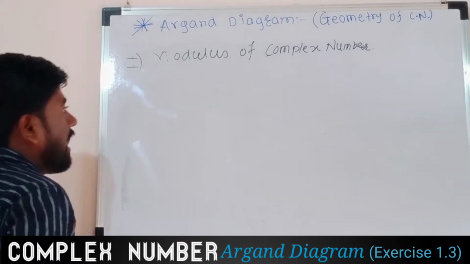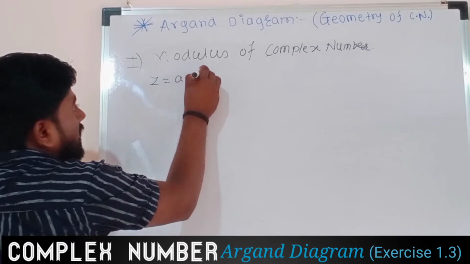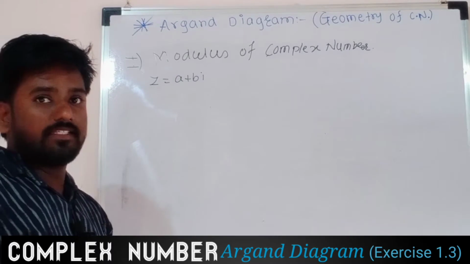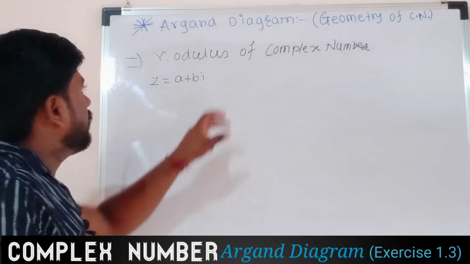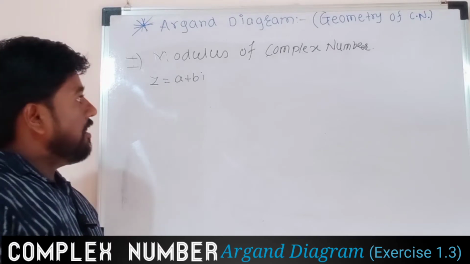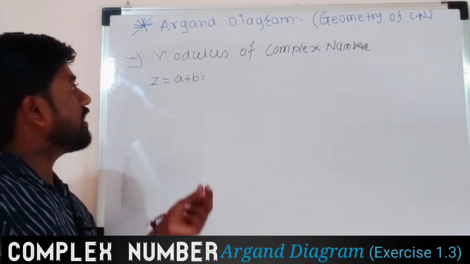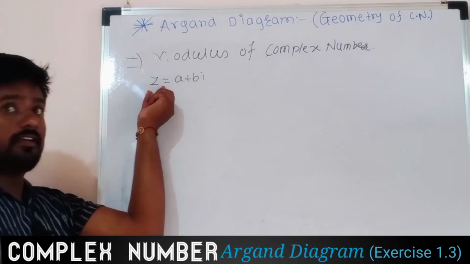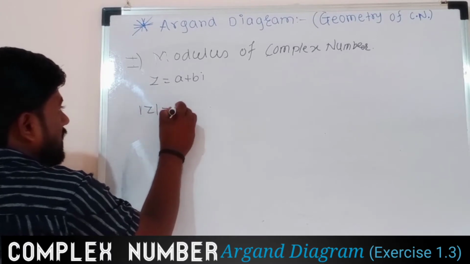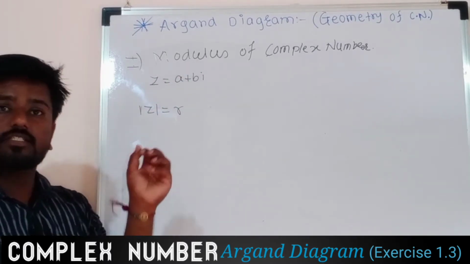Suppose I have a complex number z equals a plus bi, and I want to find its modulus. Remember that the modulus of a complex number is mod z. Mod z equals r; the modulus of a complex number is denoted by small r.